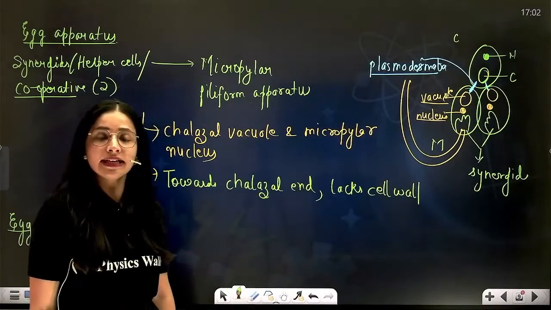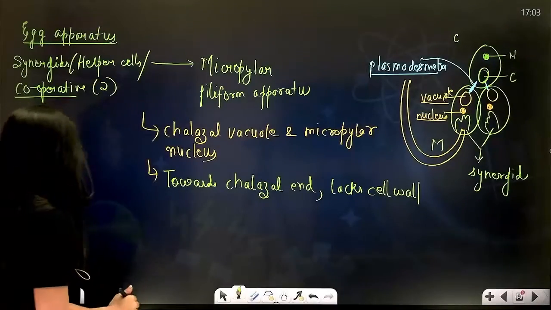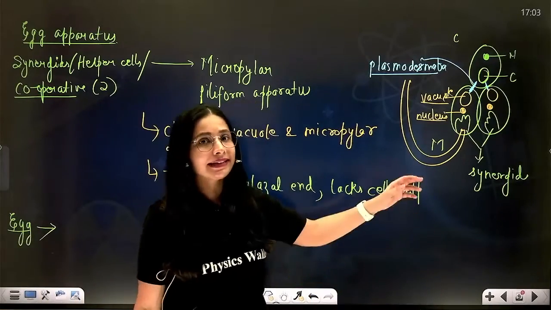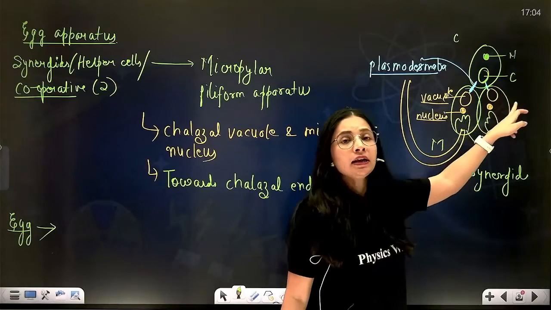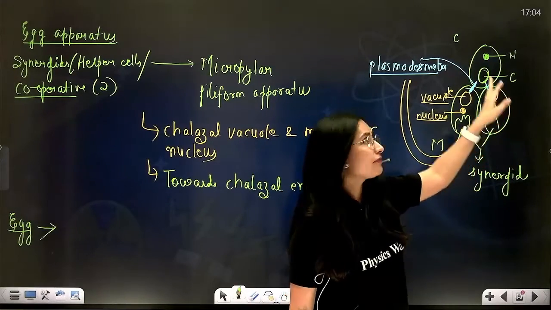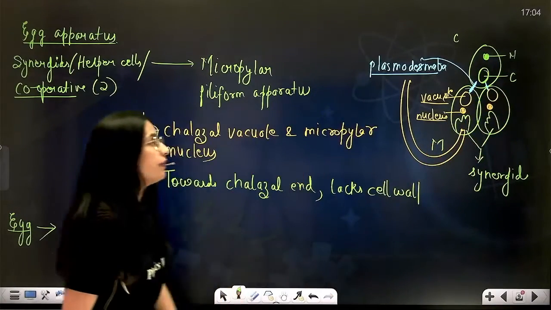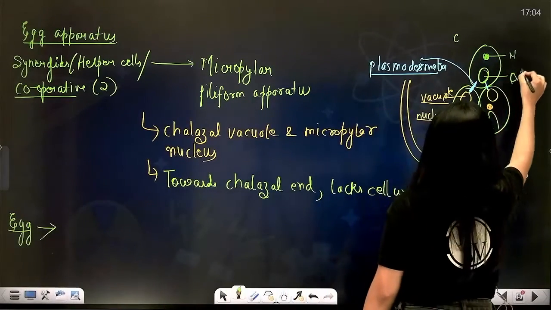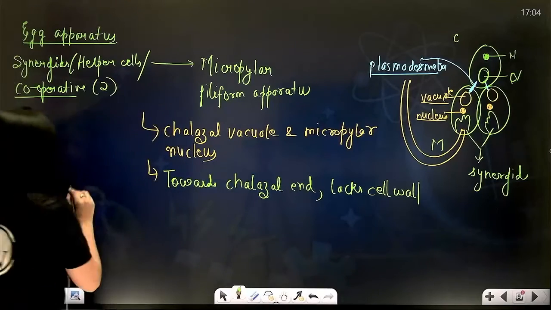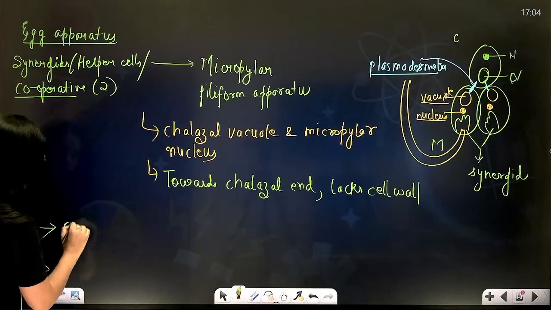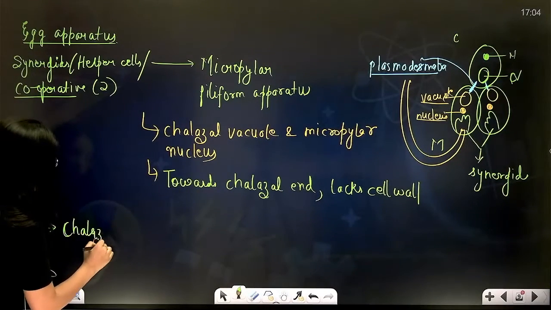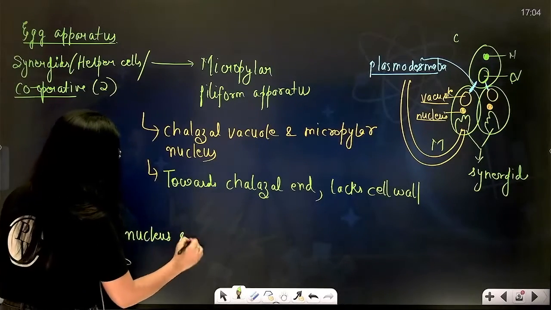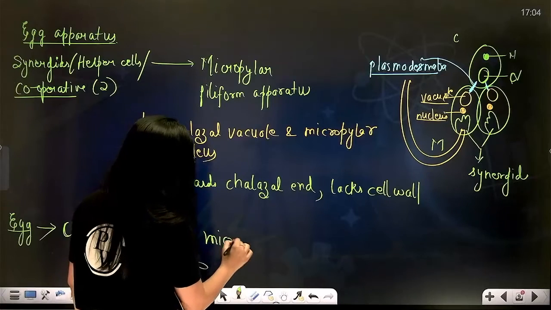Correct? Yes or no? Okay, so the egg has just the reverse polarity: it has the nucleus towards the chalaza and the vacuole towards the micropyle. So this is the vacuole. So we can write the polarity is just the reverse. That means they have a chalazal nucleus and micropylar vacuole.